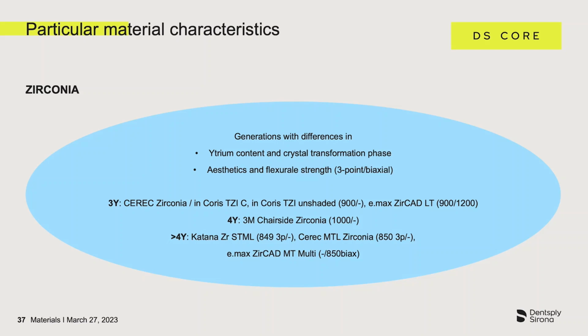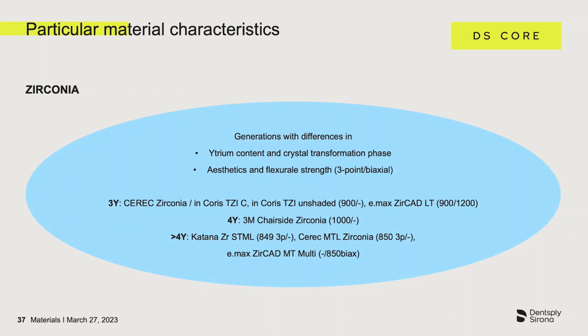However, they are not very translucent and therefore only suitable for aesthetic monolithic restorations to a limited extent. Katana Zirconia STML, but also Cercon MTL zirconia, are less resistant to bending due to their higher yttrium content and show values around 850 MPa in the 3-point bending test.